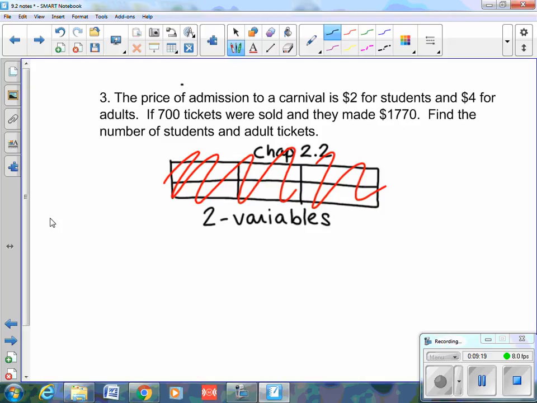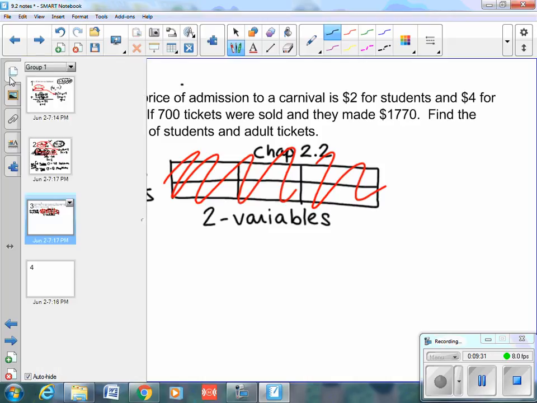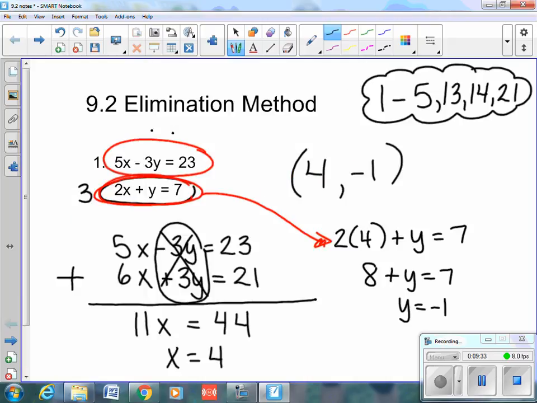So, here we go. A stands for adults, and S stands for students. All we're going to do in the story problem is come up with 2 equations with 2 unknowns in each equation. It's not that difficult to figure this out.